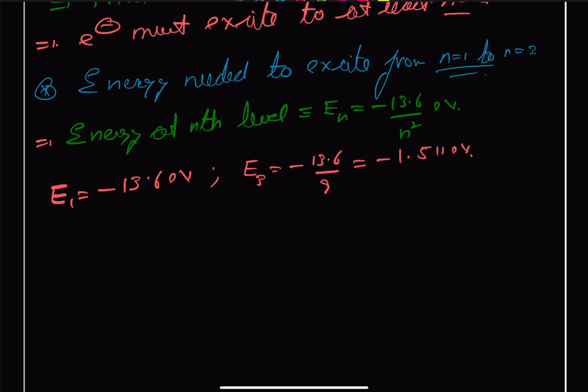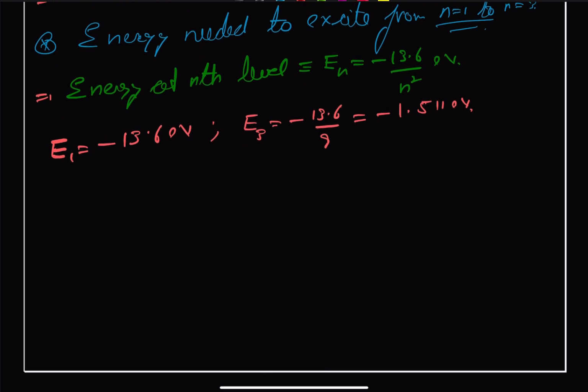So therefore the difference in energy, delta E, will be equal to E3 minus E1, which is minus 1.511 minus of minus 13.6. This comes as 12.089 electron volt.